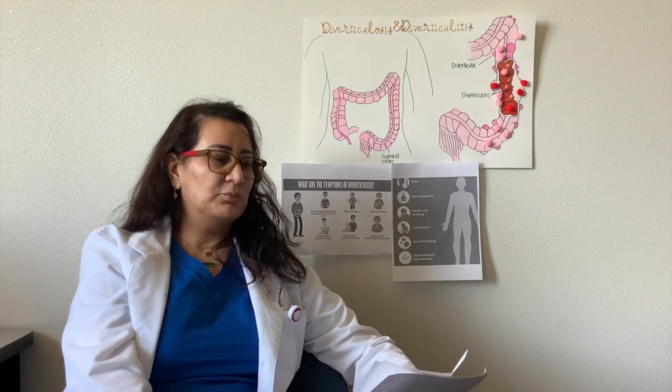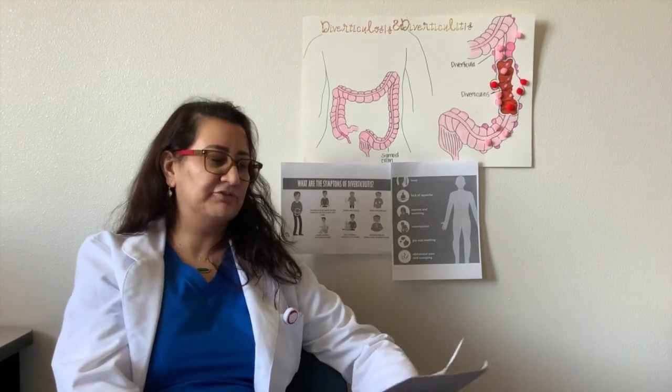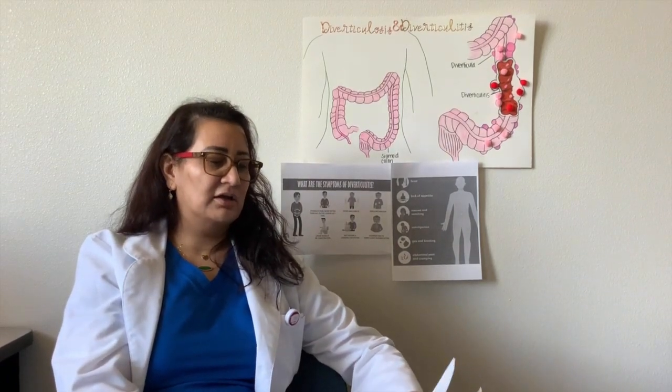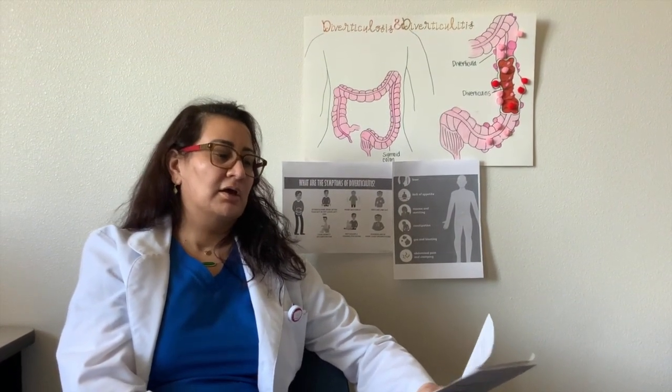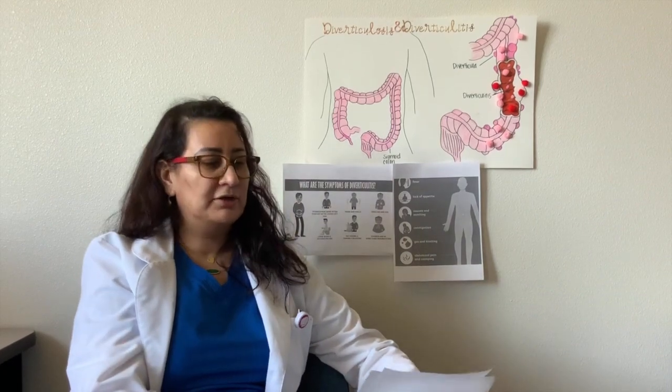By touching, the lower abdomen feels tender, and the patient will sometimes have fever and nausea at the beginning, and it could even become a big problem and require surgery.